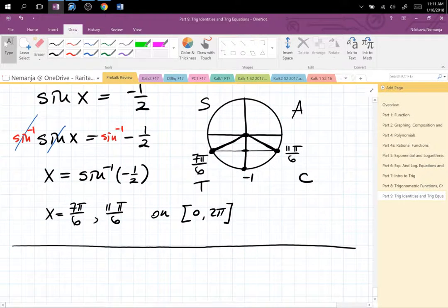Let's solve a tad spicier equation. Say cosine x is equal to negative square root of 3 over 2. All right, that's what I want to do.